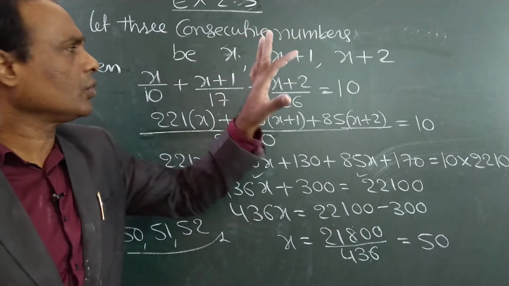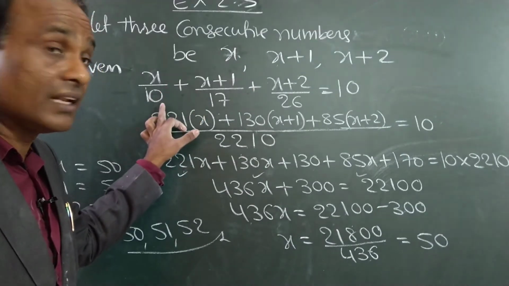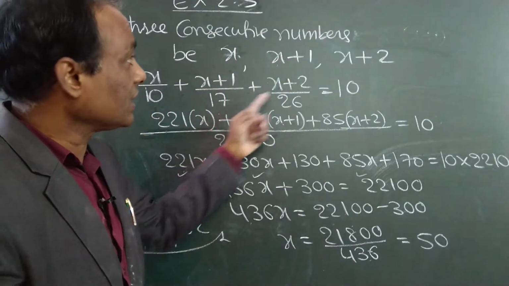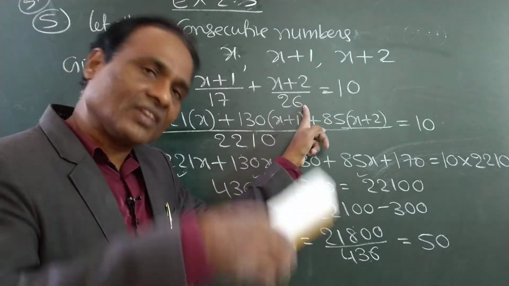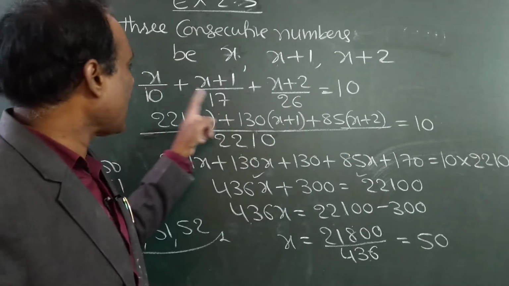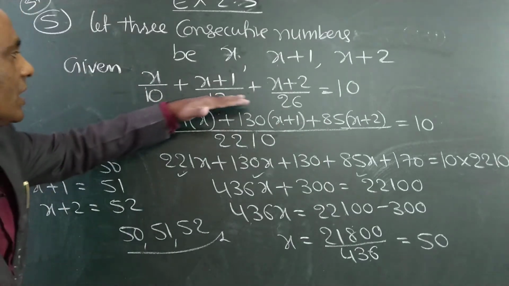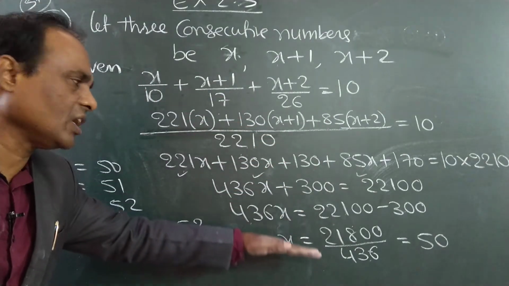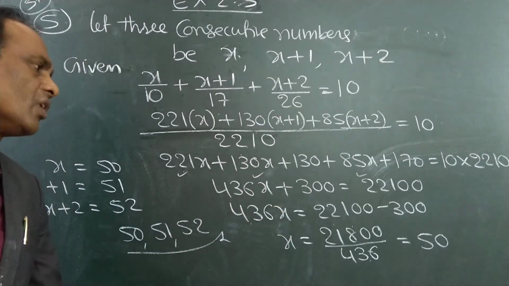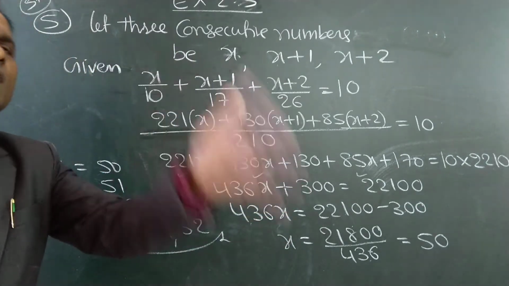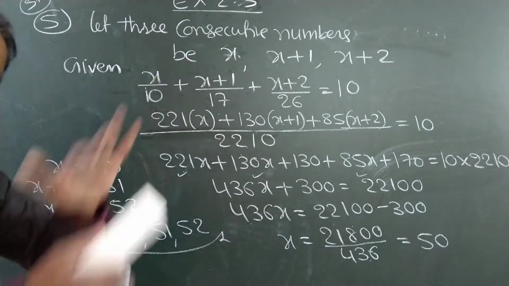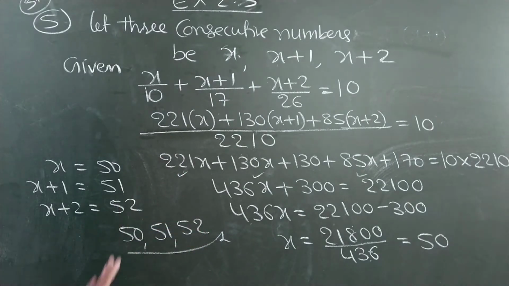The concept is very simple. First number divided by 10, second number divided by 17, third number divided by 26. In the textbook it is given that if you add these fractions, it is 10. Only the simplification takes a lengthy procedure, so we got big numbers. But you just practice it. After this, do it once again and you can understand.